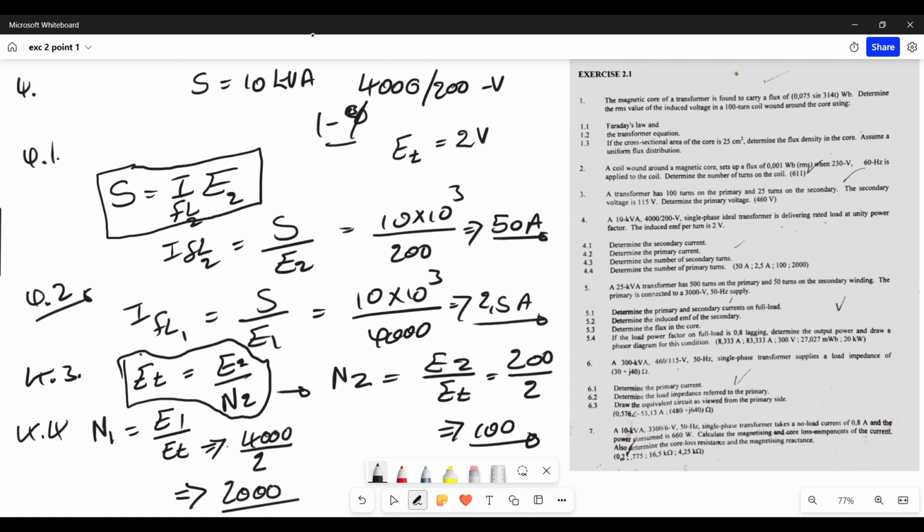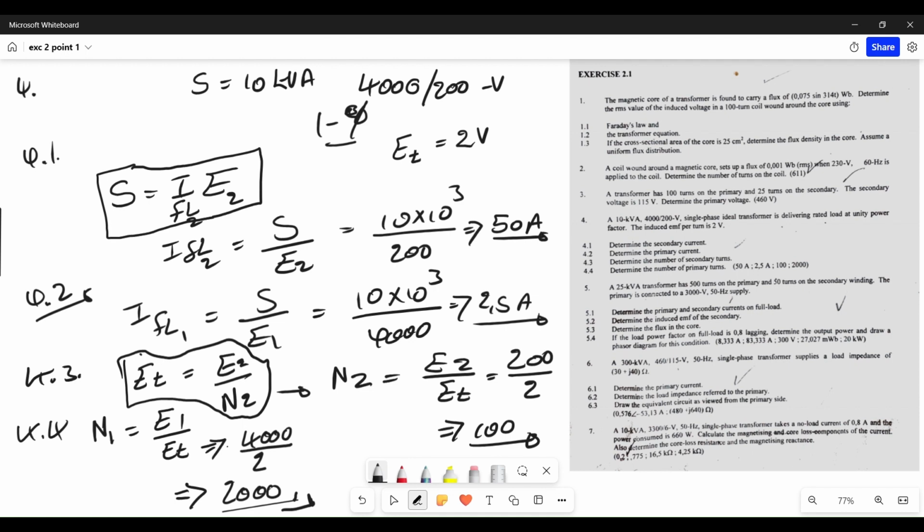This is the number of turns on the primary side, 2,000. All right, so we answered question 4.